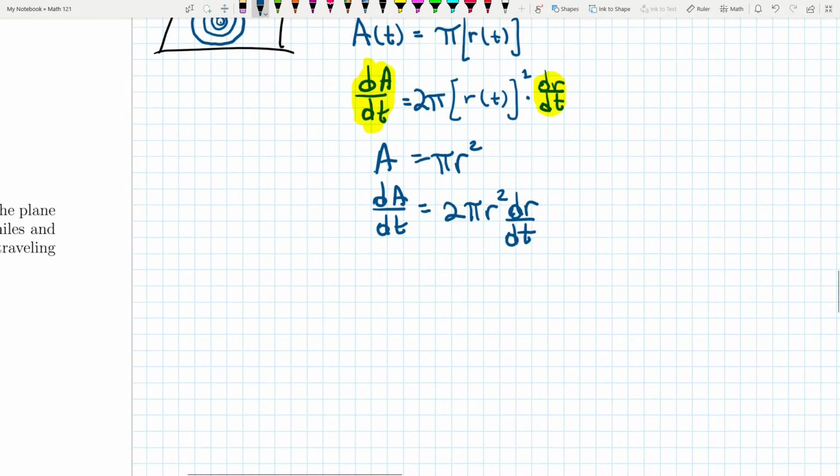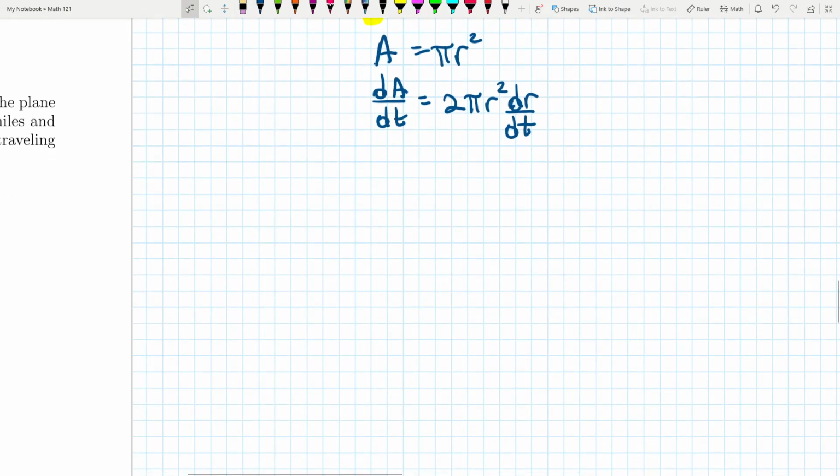Another situation, suppose we have, maybe not water, maybe just this rectangular surface for which we have a length and a width.